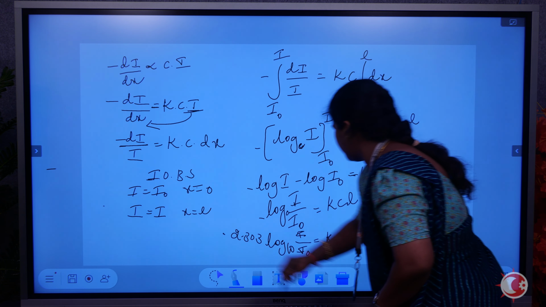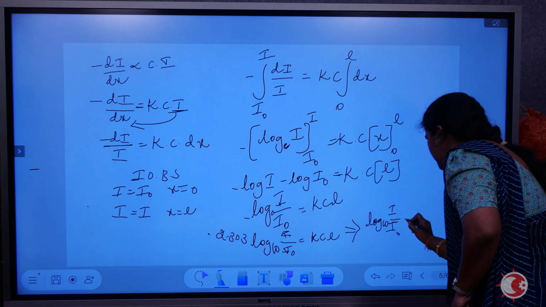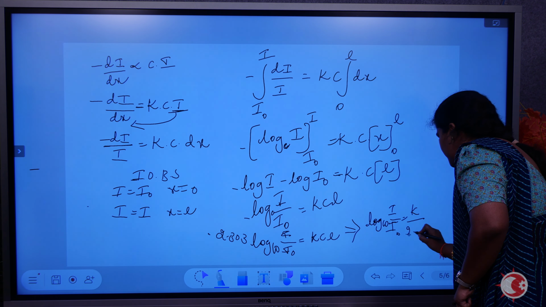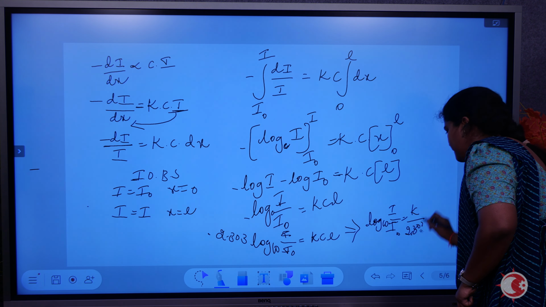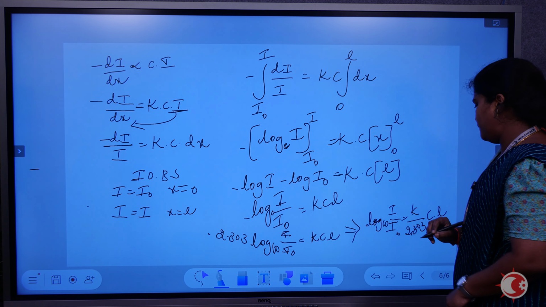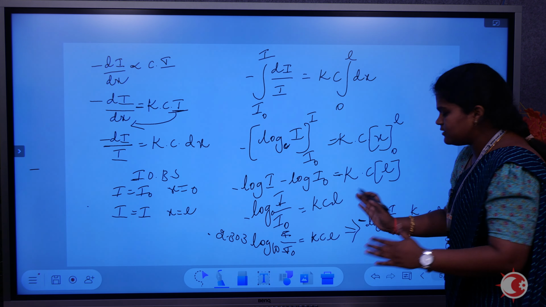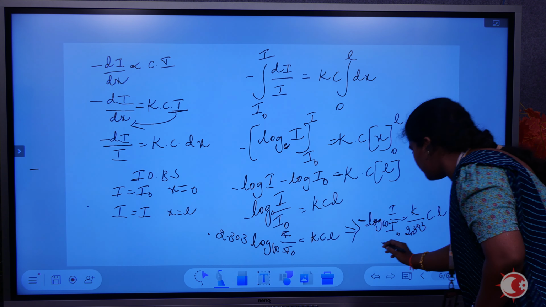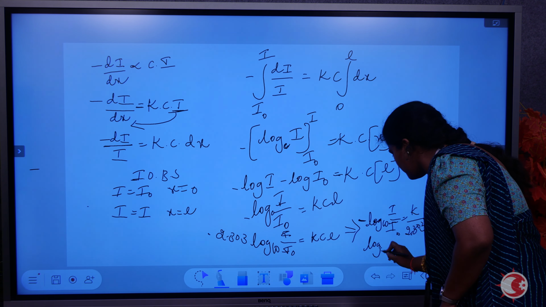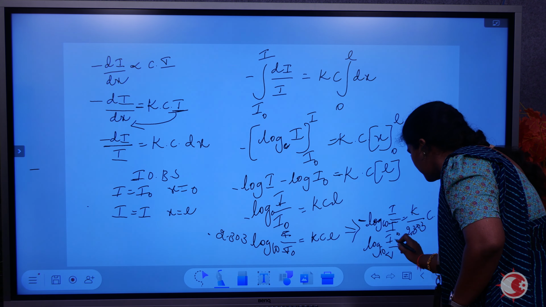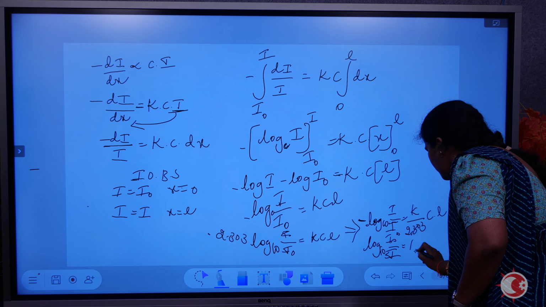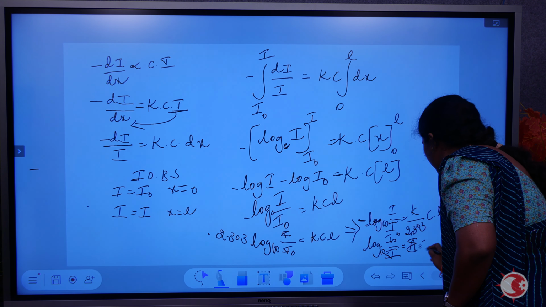So there is a negative symbol. Log I by I naught is equal to minus k by 2.303 into concentration into path length. So there is a minus symbol before this logarithm. Now I'm reversing the numerator and denominator. Simply, log 10 of I naught by I is equal to epsilon into C into L.